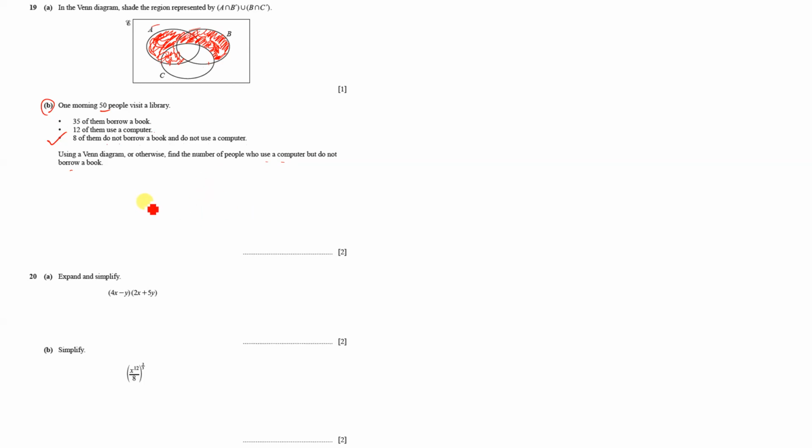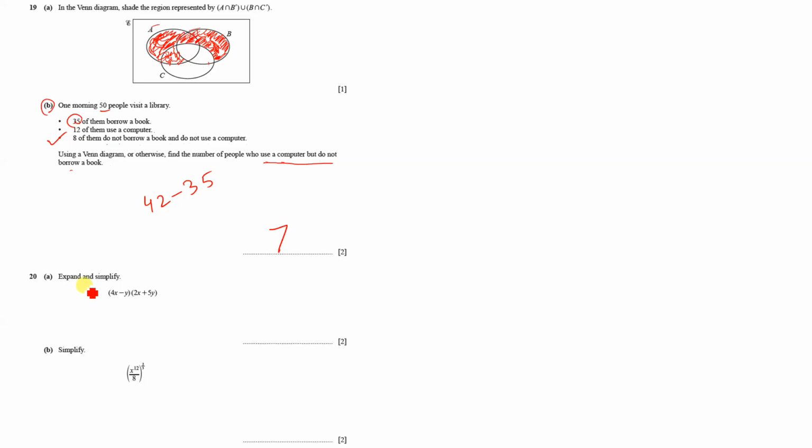That is 42 of them either borrowed a book or used a computer. Now, since 35 of them borrowed a book, so the number of people who use computer but do not borrow is 42 minus 35 and that is equal to 7.